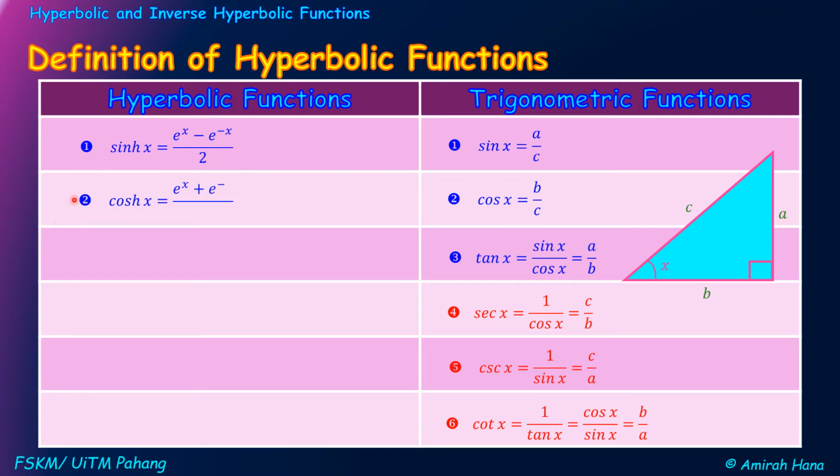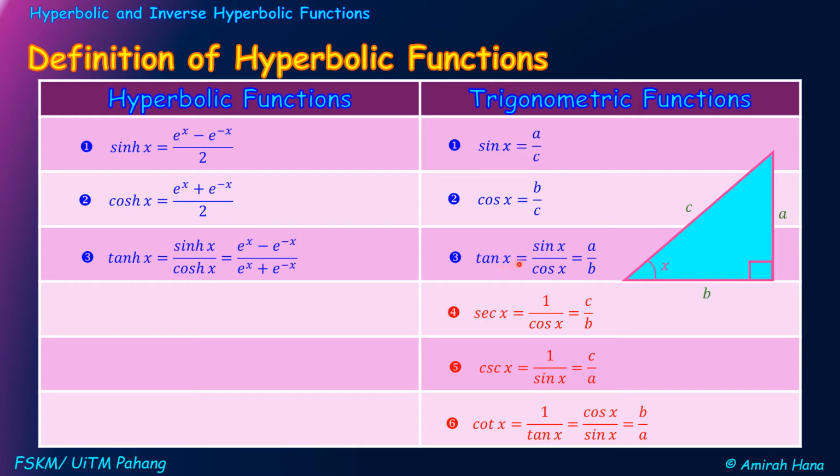And then formula number 2. cosh x or hyperbolic cosine equals e to the power of x plus e to the power of negative x over 2. It is similar to sinh, but in between here is a plus sign. And then number 3, we have tanh x or hyperbolic tangent, which equals sinh x over cosh x.